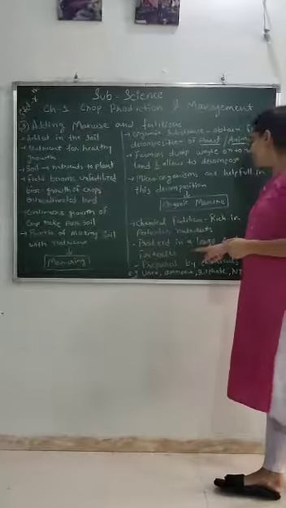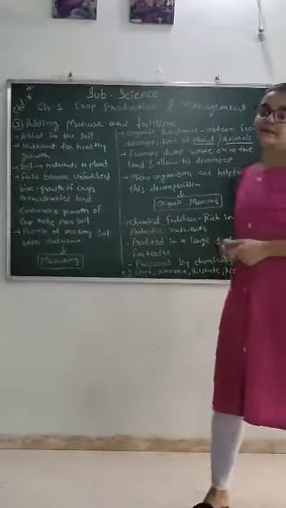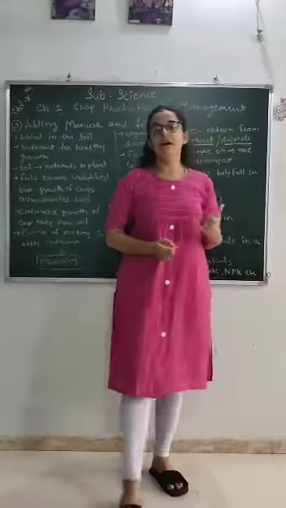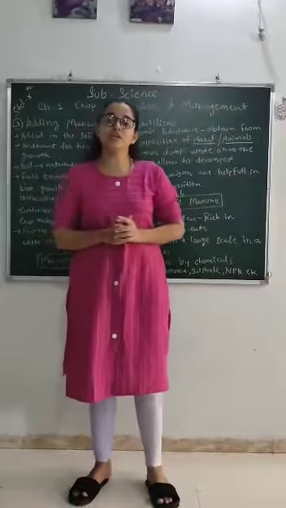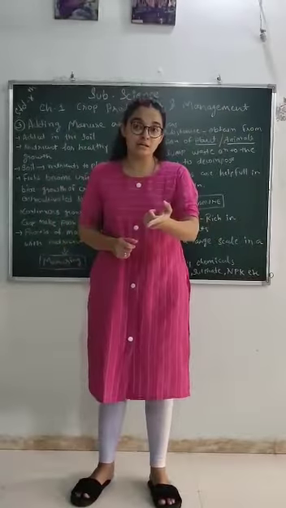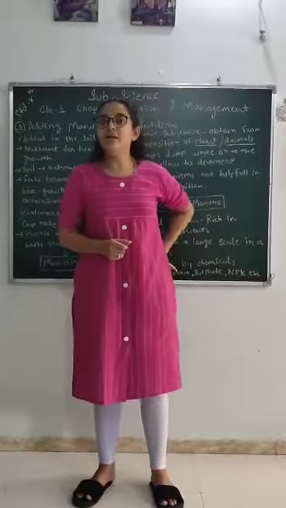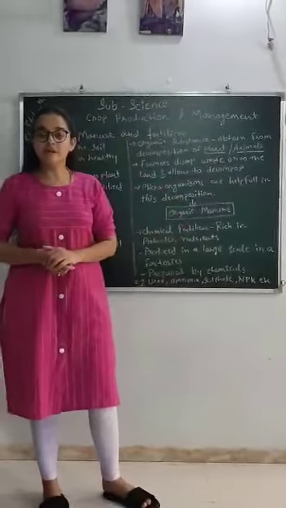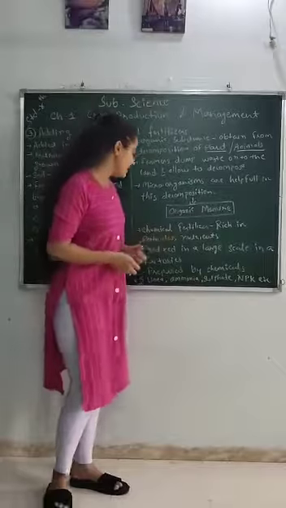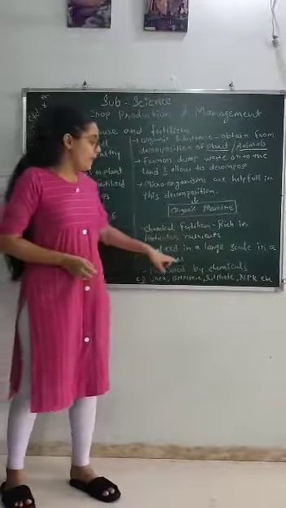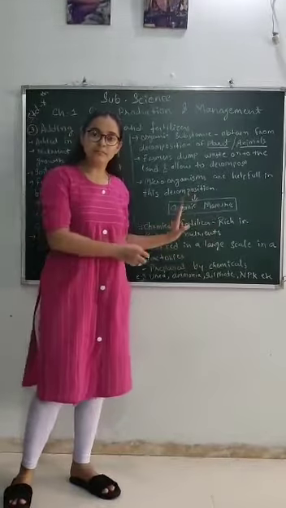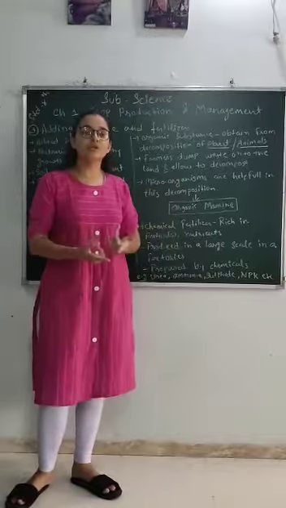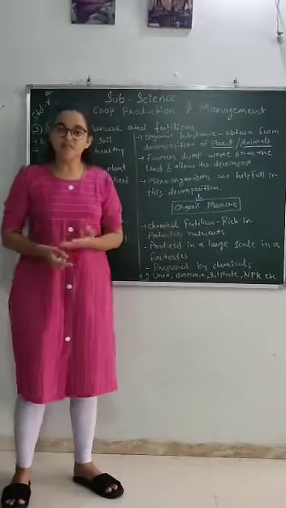Now, it is produced on a large scale in a factory. So here we require a factory kind of condition because we are using chemicals for making this chemical fertilizer. So big factories and mills are working for producing this chemical fertilizer. Prepared by chemicals, because we are using urea, uric acid, sulfate, right?